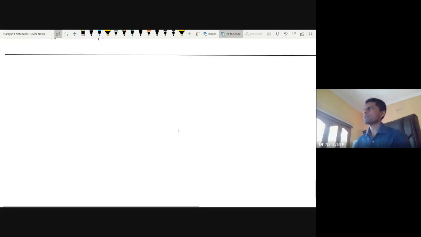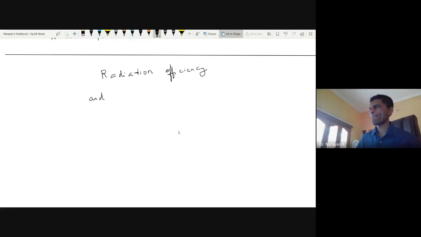Okay. Next important term we will learn right now is known as the radiation efficiency of the antenna, and power gain of the antenna.